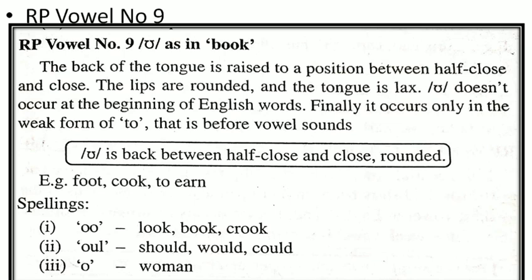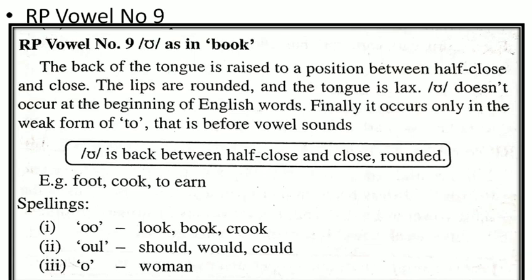Finally, it occurs only in the weak form of to, that is before a vowel sound. To will be pronounced as tu when it comes before a vowel sound in English, as in the example to earn. In food, it comes medially. In cook, it comes medially. To earn, that means to earn.